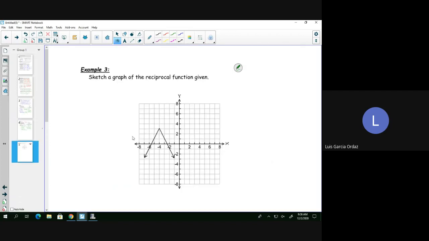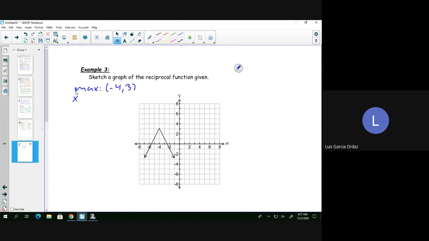So for the last one, we are going to sketch a graph of the reciprocal function given this graph over here. So we need to jot down some key points. Our first key point, what is our maximum in this one? Negative 4 and 3.